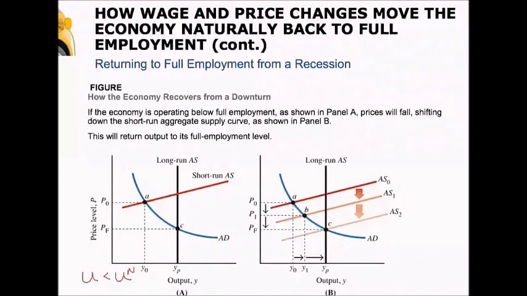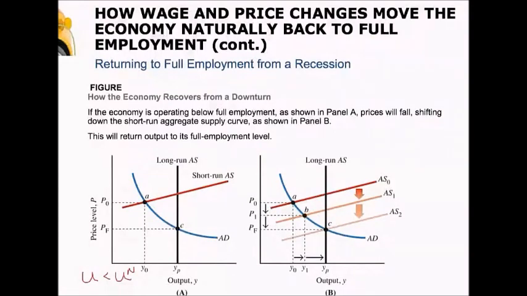Now once wages and prices start to fall, we're no longer in the short run anymore, and when wages fall, the short run aggregate supply curve starts to shift. Labor gets cheaper, and so the cost of production goes down, so the short run aggregate supply curve shifts down. And so you can see, anytime output is below potential output, the short run aggregate supply curve eventually starts to shift down.